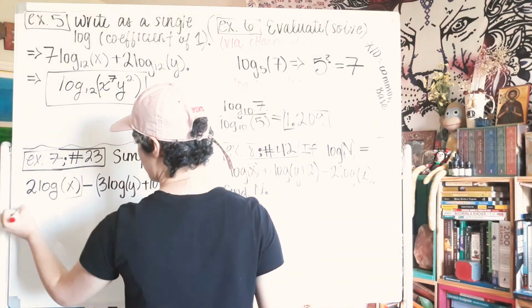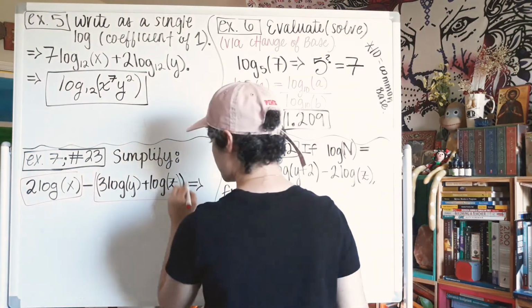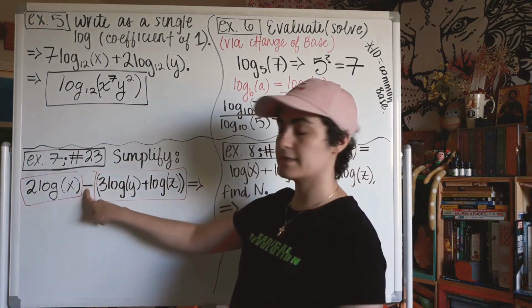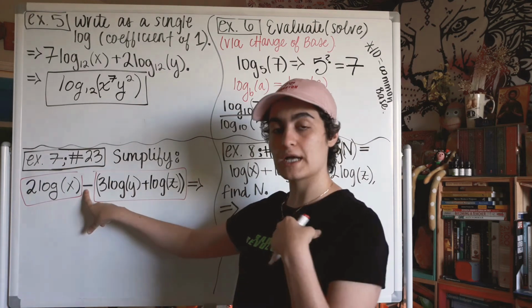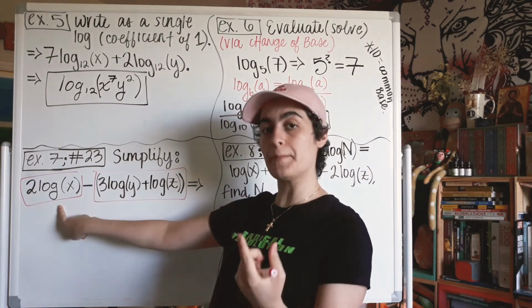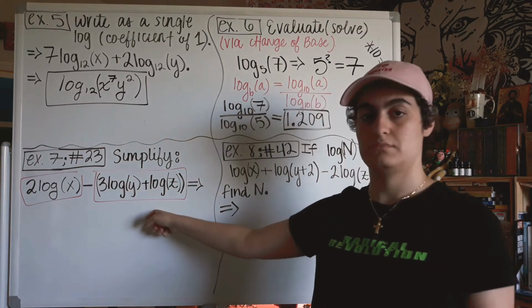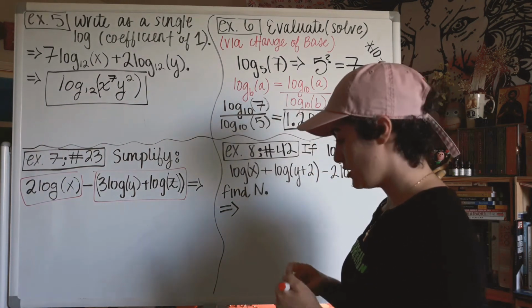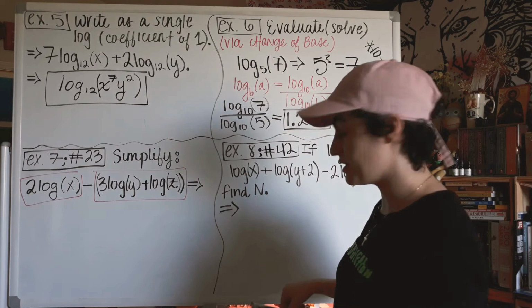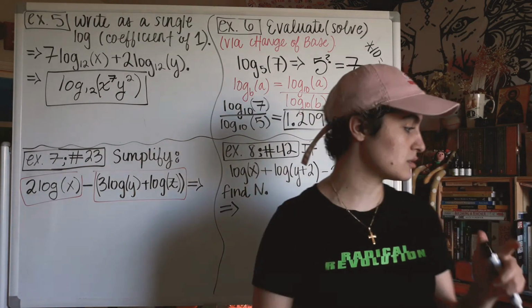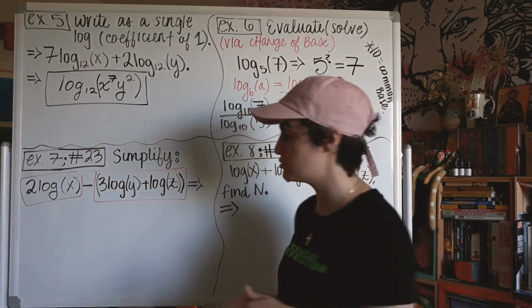This whole term and this whole term are separated by the minus sign, which tells me this goes on the top of the fraction, and this goes on the bottom. Because we're subtracting, it correlates to the quotient rule. So this is property number 2.